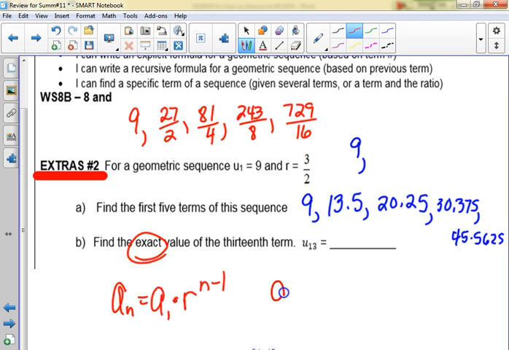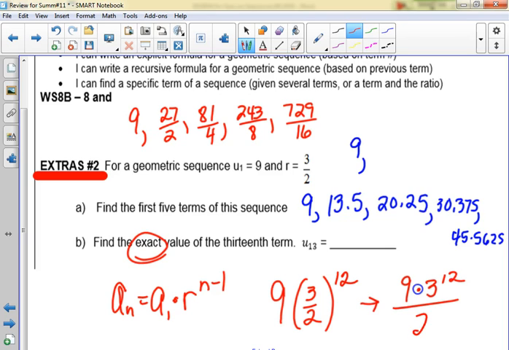So if the first term was 9, what is our R value? 3 halves, and we're supposed to do it how many times? 12. Now, if this won't work as a math enter, do you remember what we did to make this better? It's 9 times 3 to the 12th over 2 to the 12th, right? That makes sense, guys? There's 12 on top and 12 of these on the bottom.